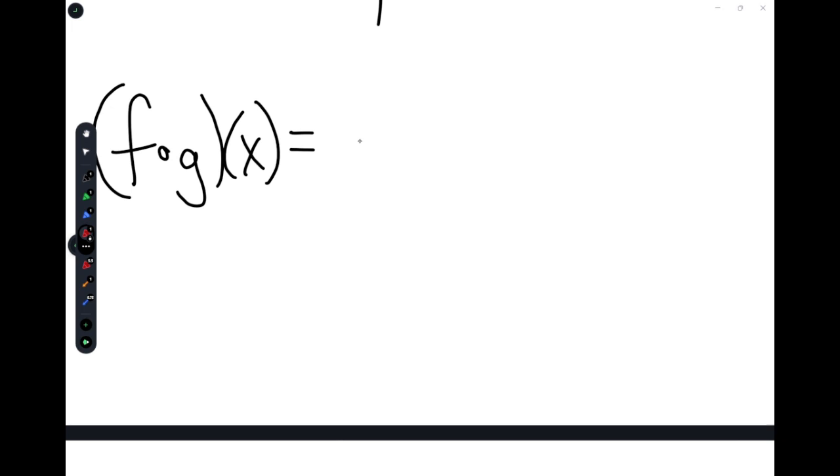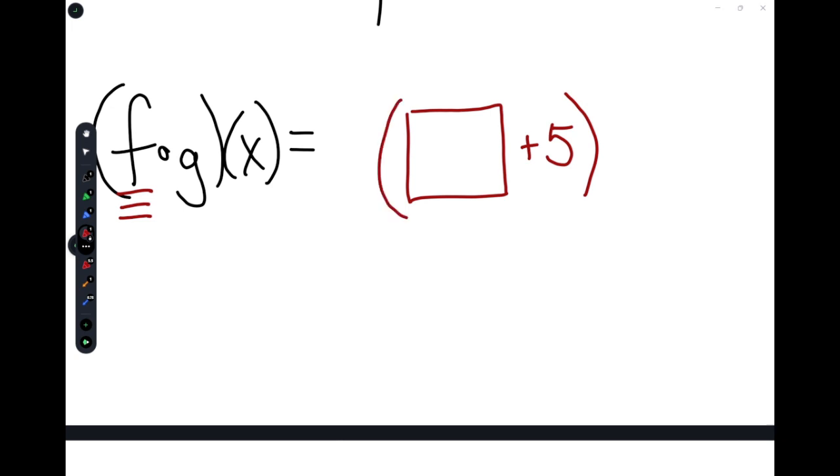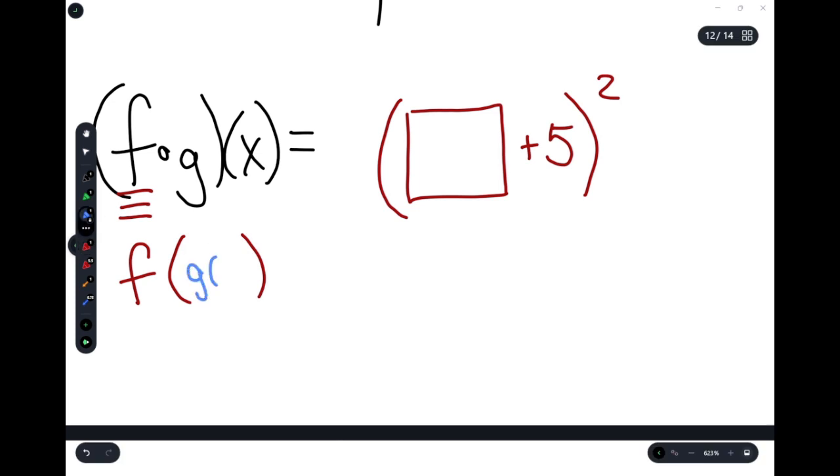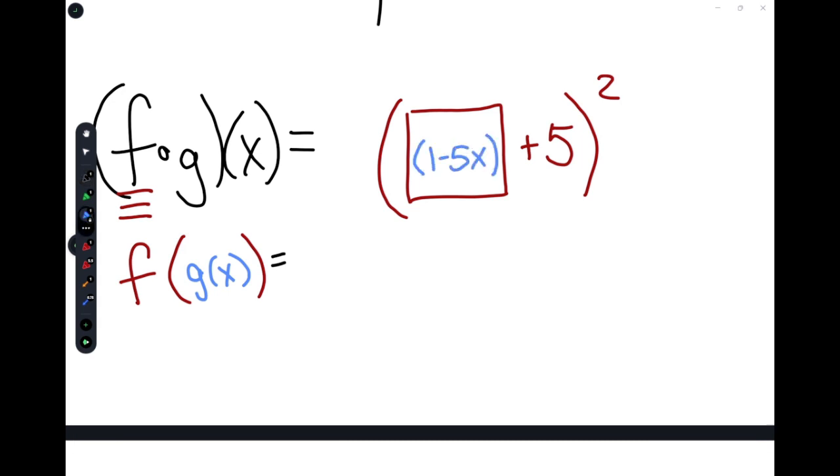You said it's x plus 5 squared, because that's on the outside, right? F of, and then what's g of x? 1 minus 5x. So great, like that?